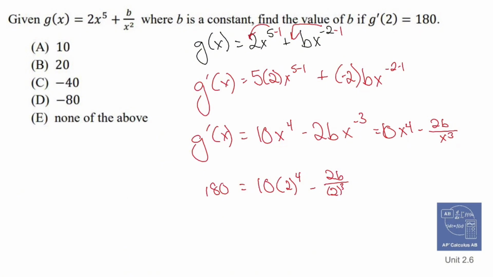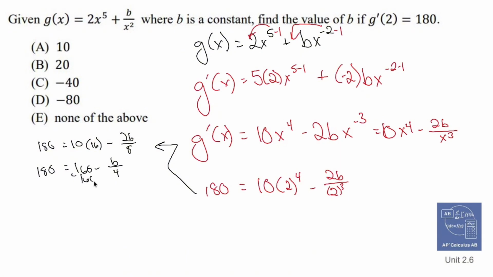All right, so let me move this over here where I'm probably going to need the space. We have 180 equals 10 times 2 to the fourth, which is 10 times 16, minus 2b over 8. So 180 is going to equal 160 minus b over 4. Now it's a two-step equation.